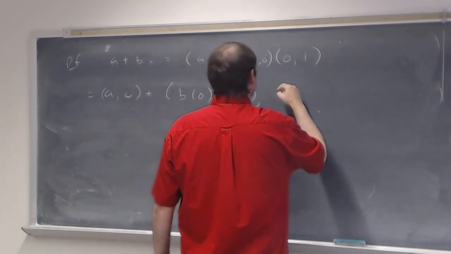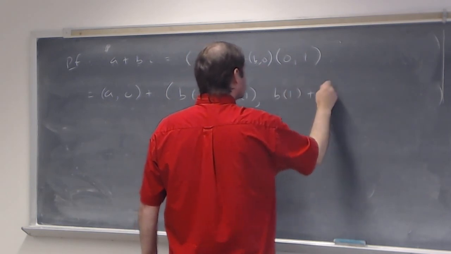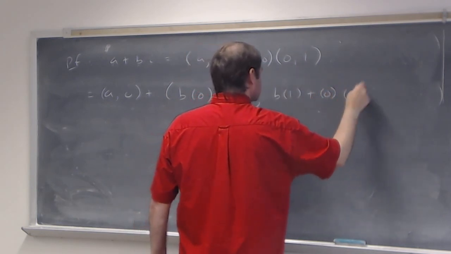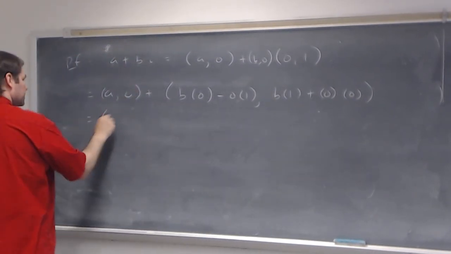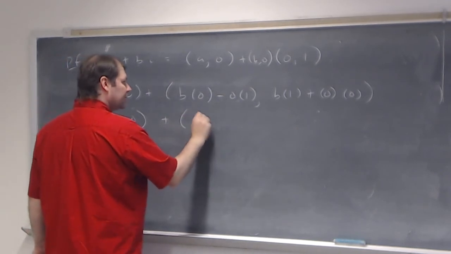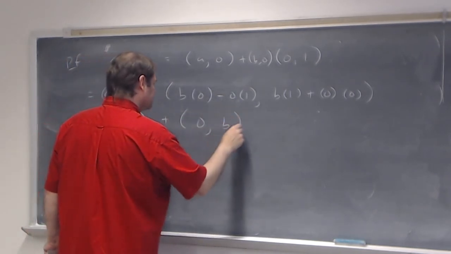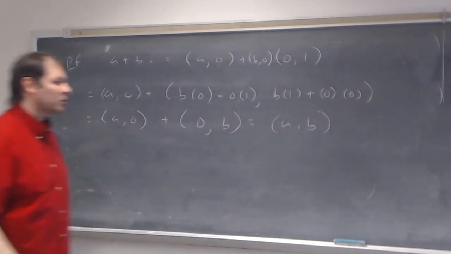And then here it would be B times 1, and then plus 0 times 0. This is equal to A0 here plus, this is going to be 0, and this is going to be B, and then this is AB. And that's what we wanted to prove.